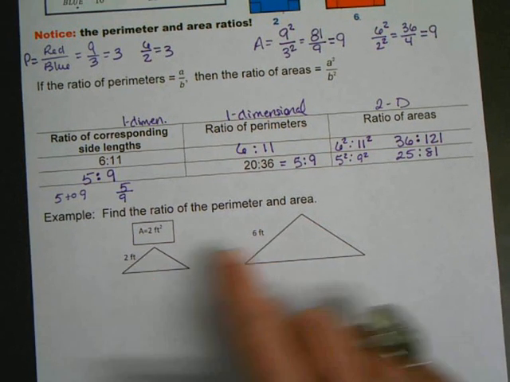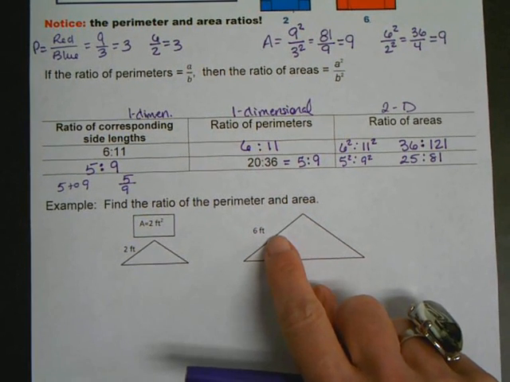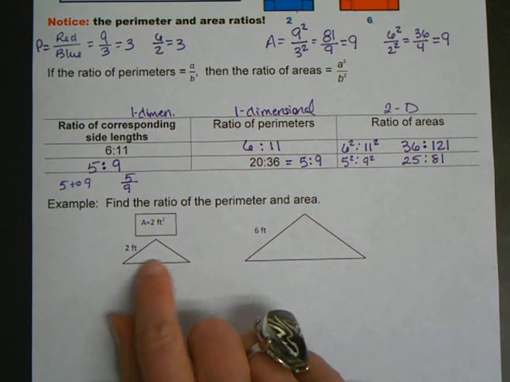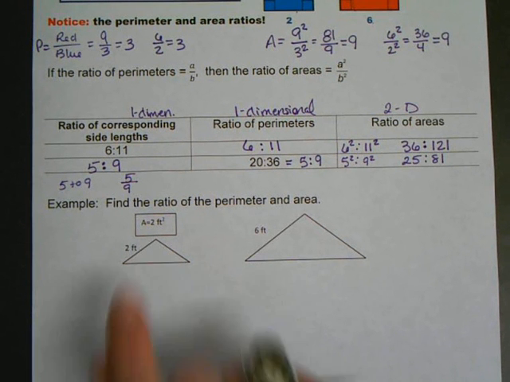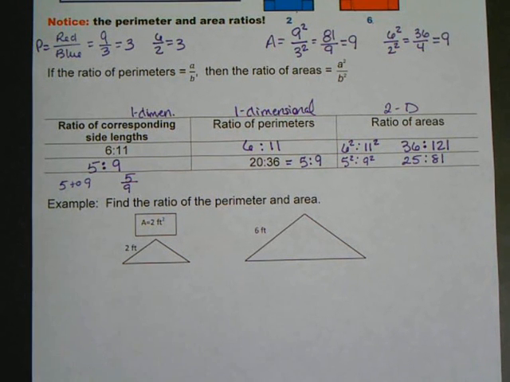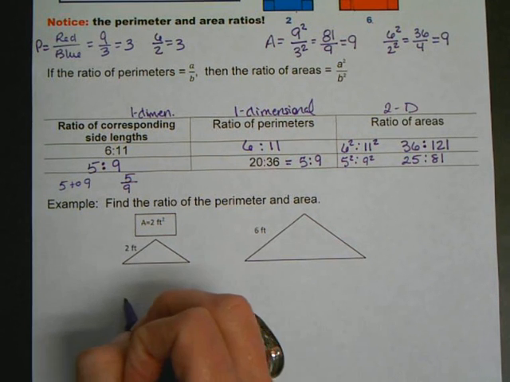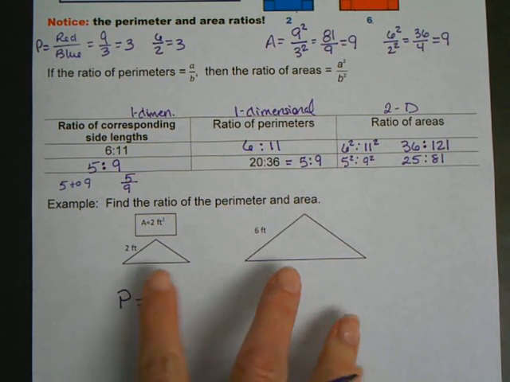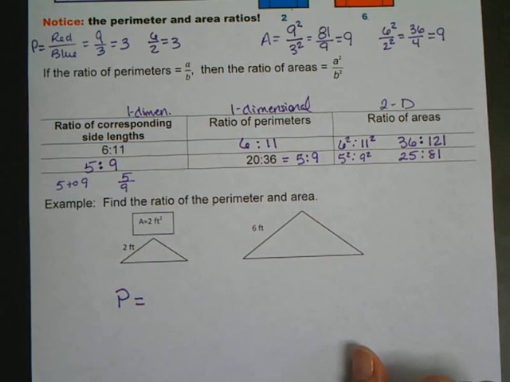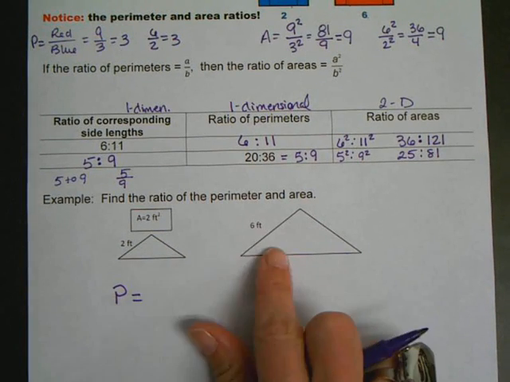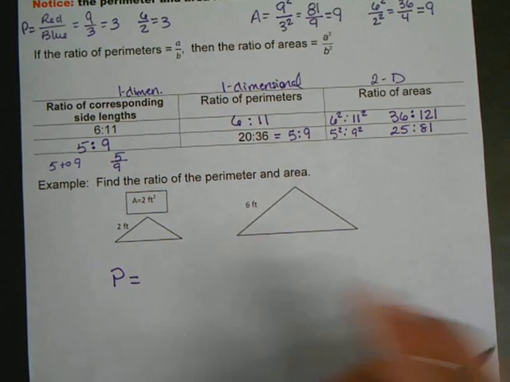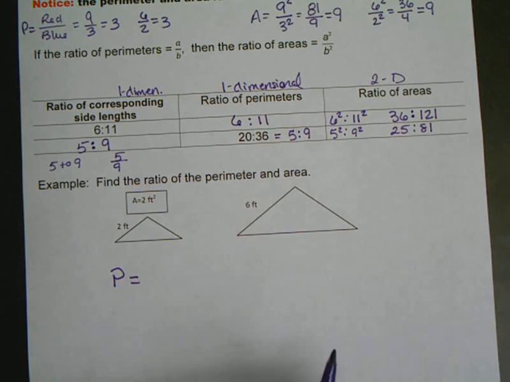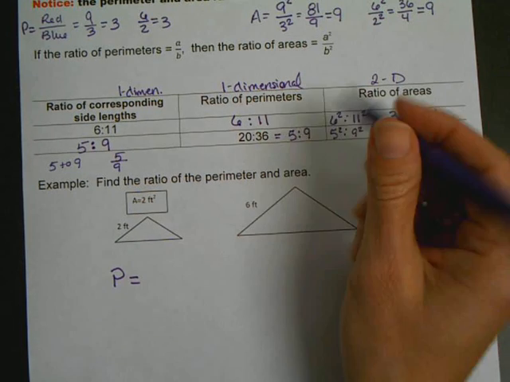Well, if I'm going to write a ratio of the perimeter, that's one-dimensional. It doesn't say which triangle to put first. It didn't say from big to small or small to big. One's not shaded to go from shaded to unshaded. So let's go from the small triangle to the large triangle. That's going to be how we write our ratio.